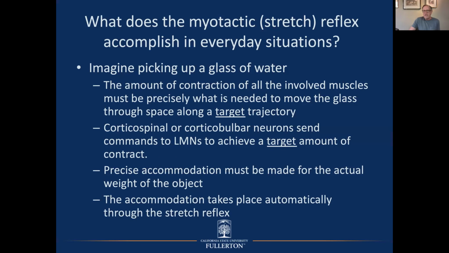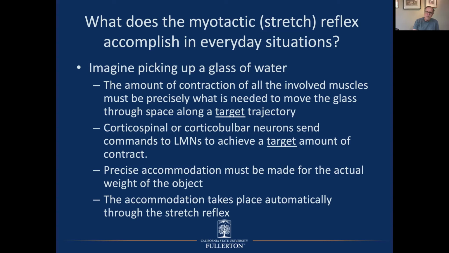I kind of already talked about this. And what does the myotactic or stretch reflex accomplish in everyday situations? Imagine picking up a glass of water. The amount of contraction of all the muscles involved must be precise. They have to be exactly what's needed to move that glass with that weight, with that water, through the target trajectory. The cortical spinal or cortical bulbar neurons send down commands to lower motor neurons to achieve a target amount of contraction.